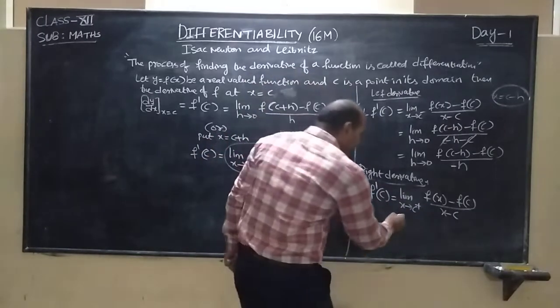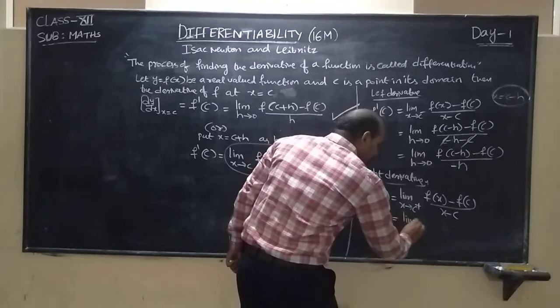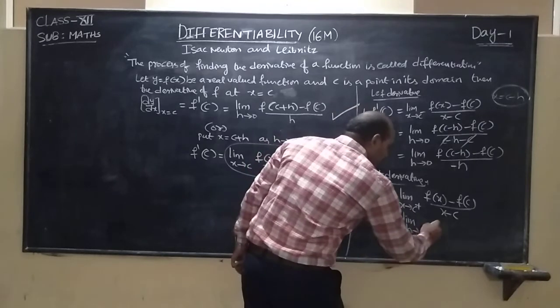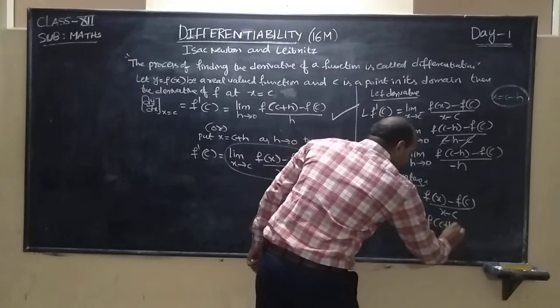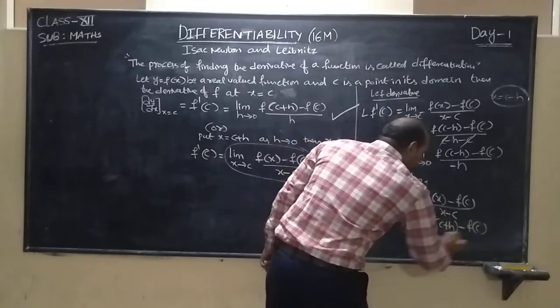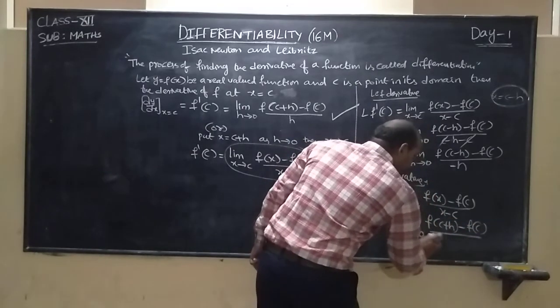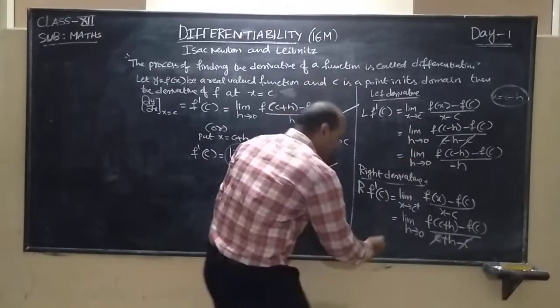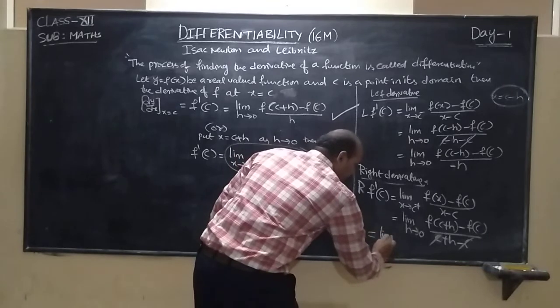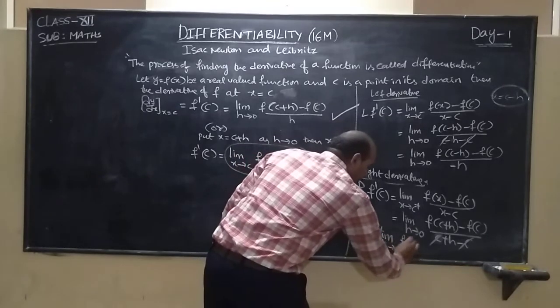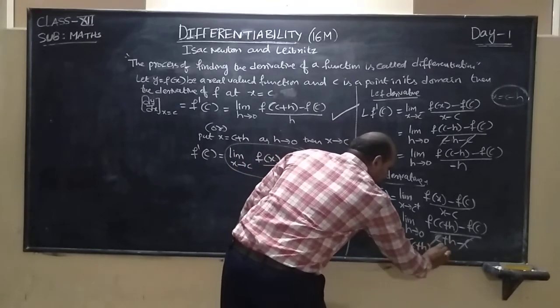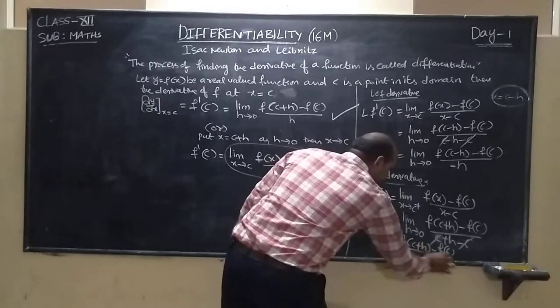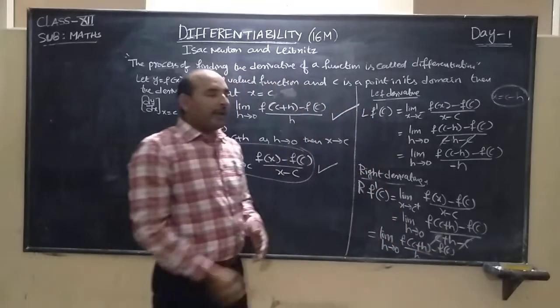So we can write, the limit also changes, h tends to 0, f of c plus h minus f of c upon c plus h minus c, where c minus c cancels. You will get the answer, limit h tends to 0, f of c plus h minus f of c divided by h.